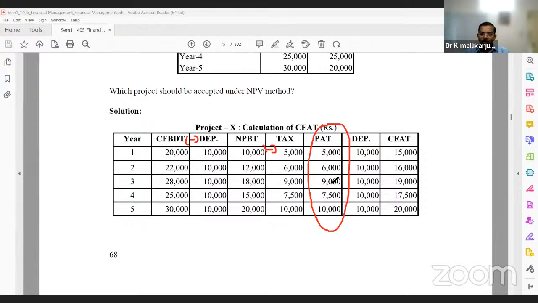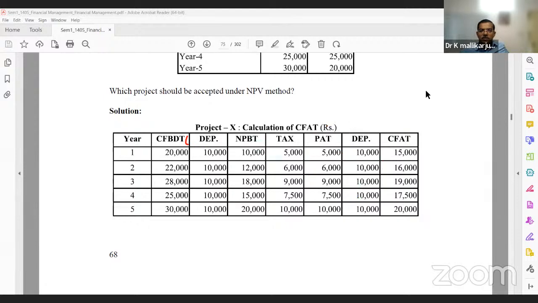Now we need cash flows after tax. How will we get this amount? Adding these two, PAT plus depreciation. In the examination, the examiner directly gives you the last column.